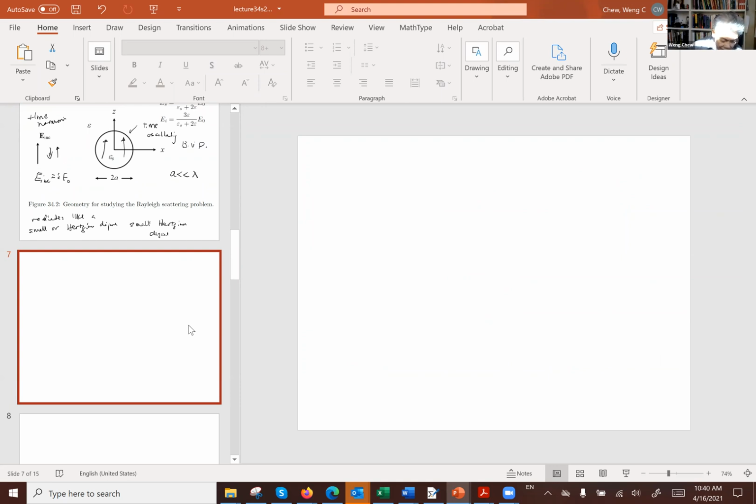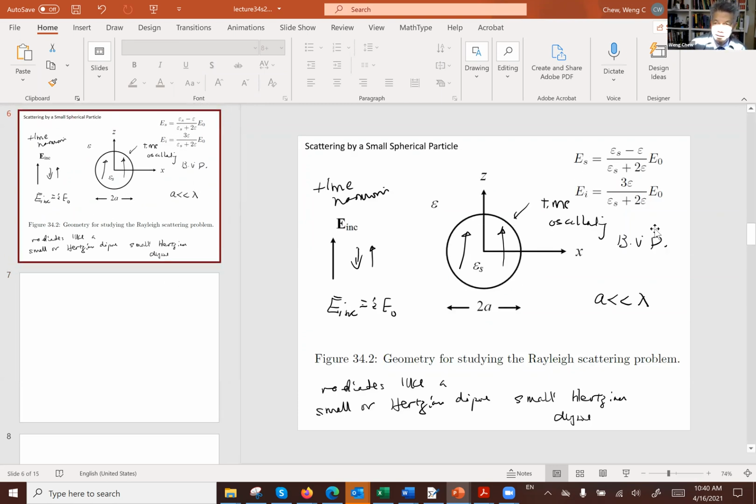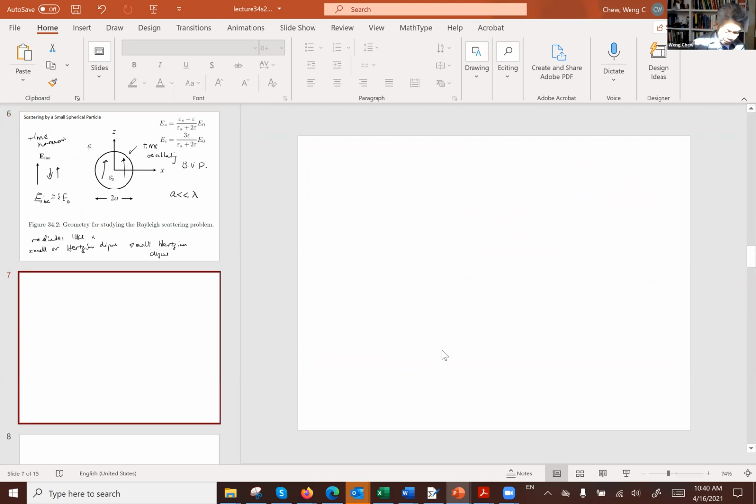Actually, I did go through some math to show this derivation, in order to arrive at the coefficients that we have shown in the previous slide. Let me just go through the math a little bit to show how we can do that. I'm going to assume that we are close to the dipole, close to the scatterer.